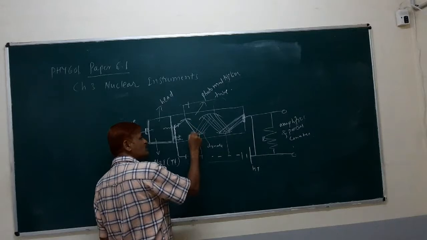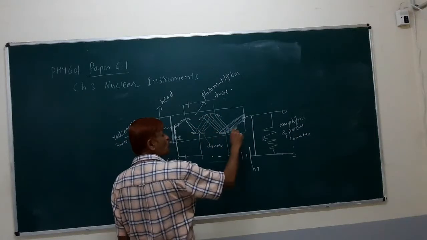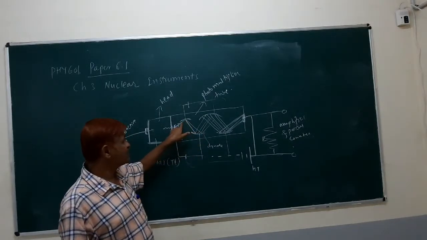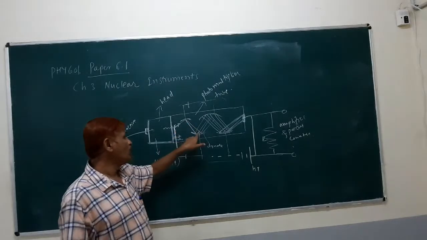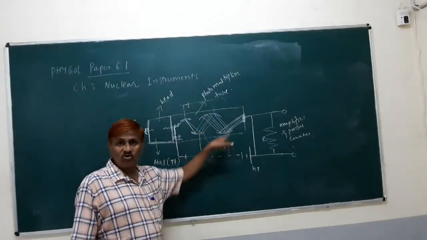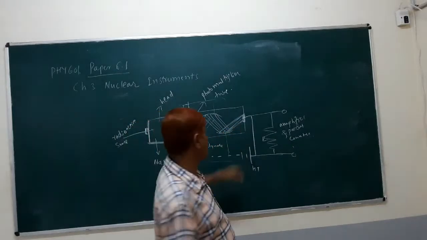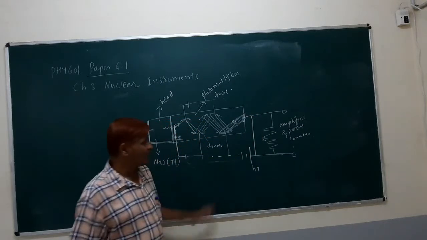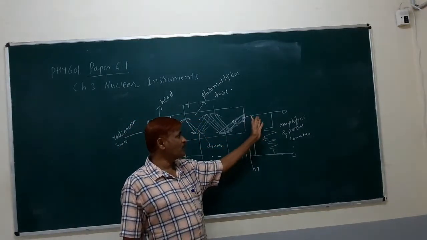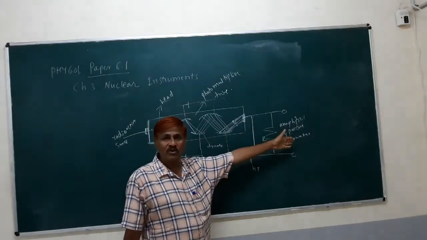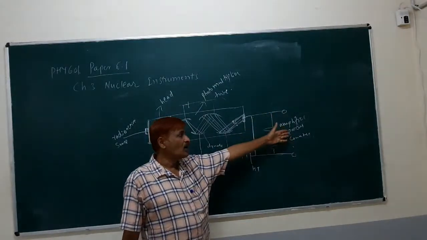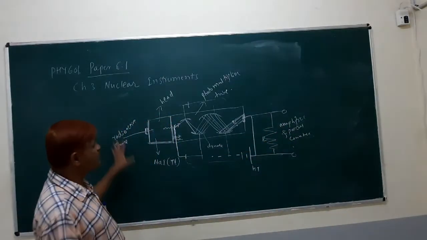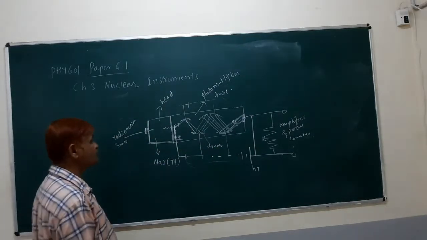The work function of these cathodes gets lesser and lesser. For that reason, the higher energetic electron is capable of knocking out 2, and these knock out 3, and these 4, 5, 6. So a bunch of electrons are produced, a high current, and the current passing through the resistor will produce the voltage drop, and that is processed to get the count. This is the idea of the scintillation counter.